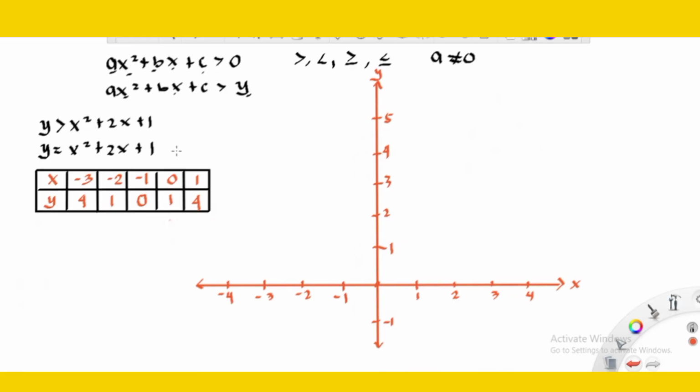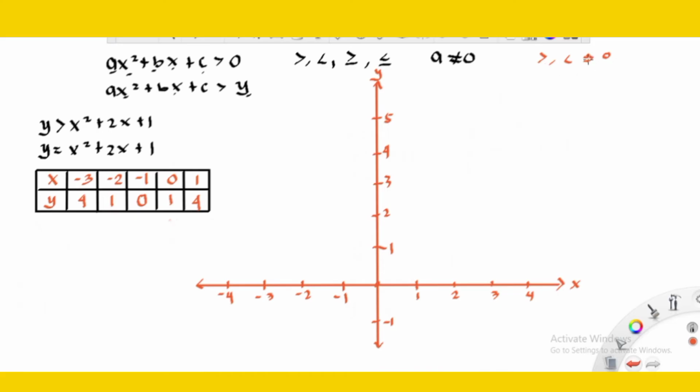But before we plot the points, we have to consider some things, okay? Remember na pag ang ating symbol ay greater than at saka less than, walang guhit sa ibaba, pag piniplot natin yung points, we will be using circle. So, hindi siya shaded, not shaded. It means that the point na piniplot natin is not part of the solution, hindi kasali sa solution.